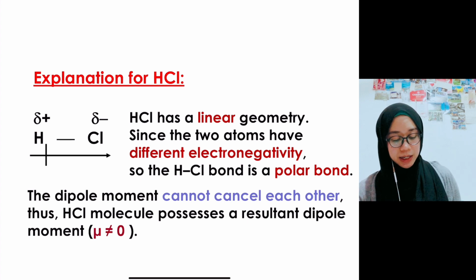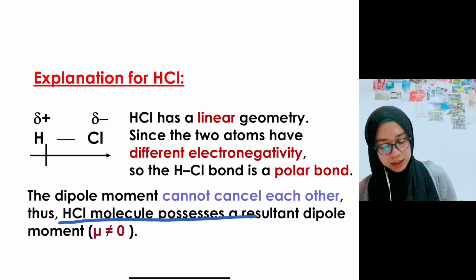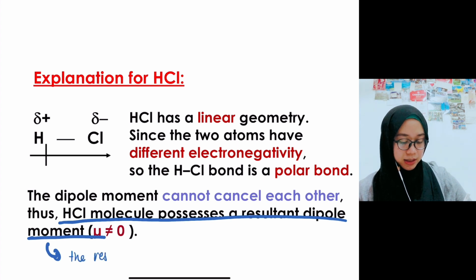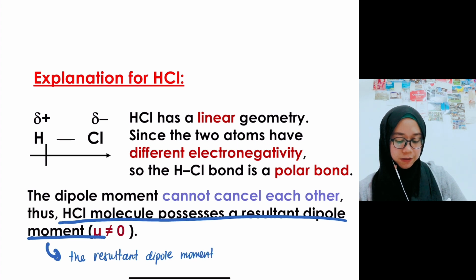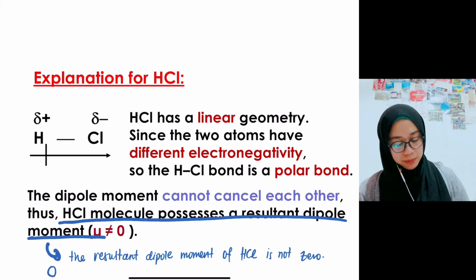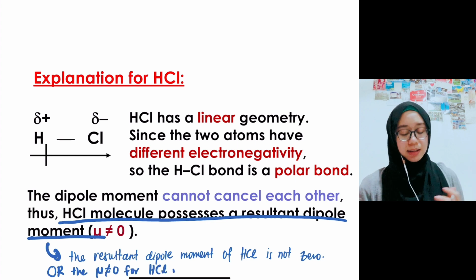Ataupun kalau ayat yang bahagian ni, HCl molecule, this part, bahagian ni kan, kalau kamu nak cakap, thus the resultant dipole moment of HCl is not 0 pun boleh juga, ataupun kamu boleh terus pergi je, or the mu does not equal 0 for HCl pun okey je.